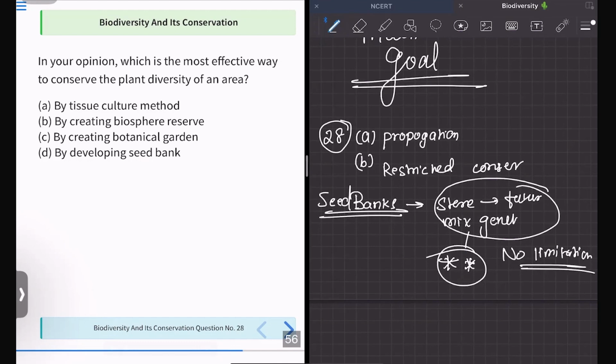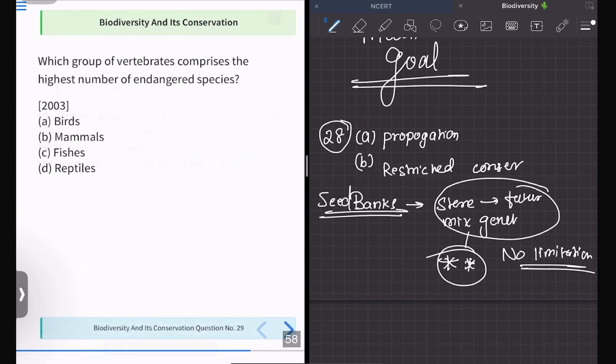So out of all, the most appropriate and most effective way is to develop seed banks. This is also an example of ex situ conservation, but it is of great importance because we can diversify and have growth in future. There are no limitations. So the most appropriate answer amongst them would be option D. I hope you have understood why we have marked option D.